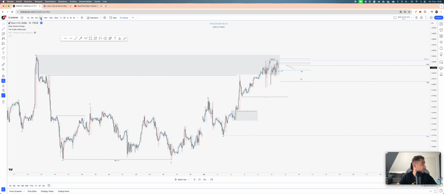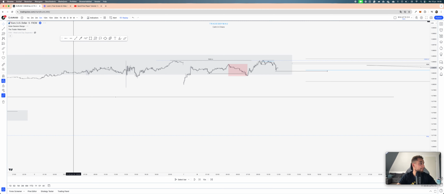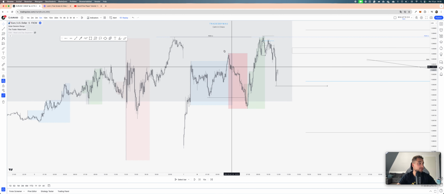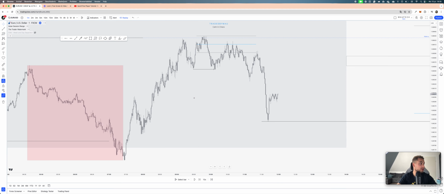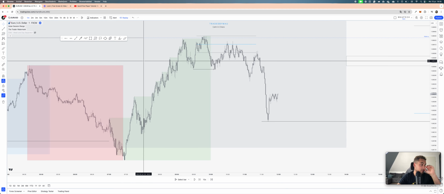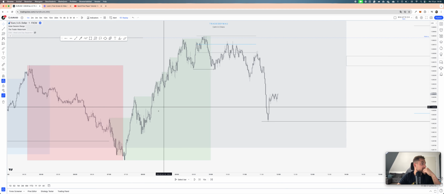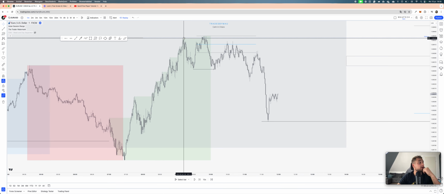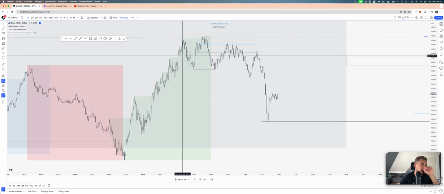So now let's zoom in and see what's going on there, because we took previous weekly highs, we have the early sellers, so all we need now is a lower time frame structure that we can trade off, and we need a bearish break for that. And you can see we have a low, high, higher low, higher high, higher low, higher high, higher low, higher high, higher low. So here we have a minor break.